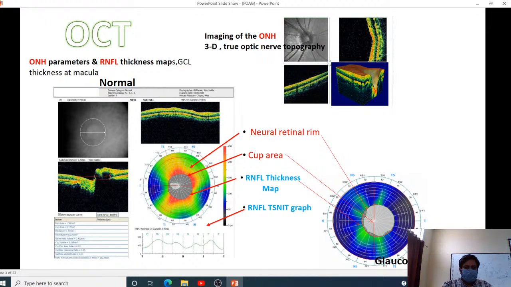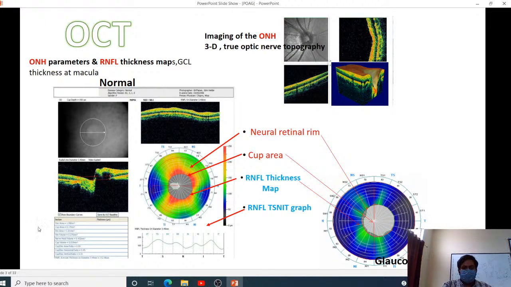And the recent advance in this field is that nowadays people are using what is called GCC, or ganglion cell complex. That is, at the macula we measure the ganglion cells, and if there is thinning of the macula beyond a point, we get to know that some damage has already happened.